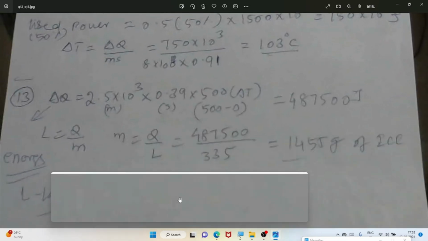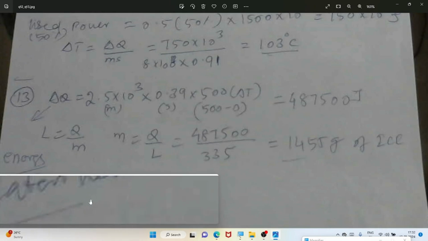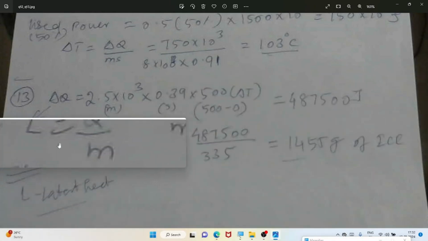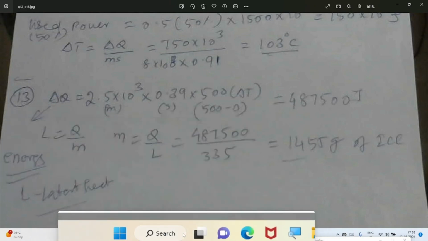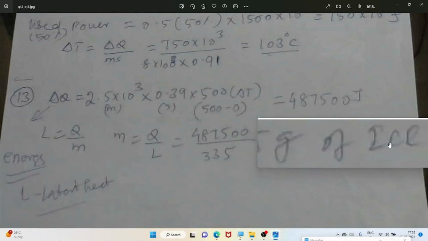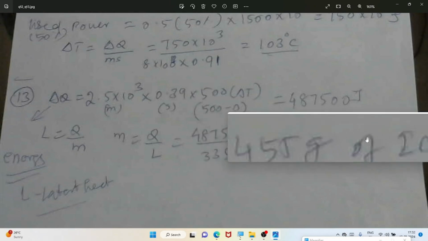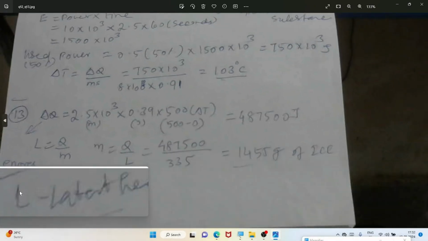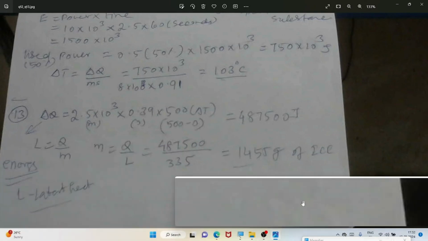Again we are using m s delta T. Okay. So you will get this value, then L equal to Q by M, M equal to, so after that you will get this. This is the gram of ice. This L is the latent heat.